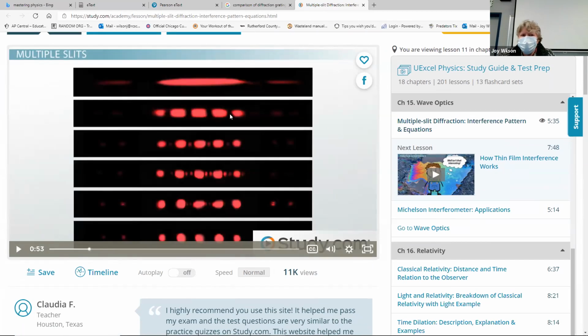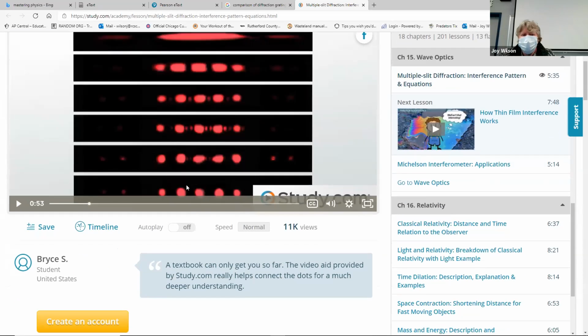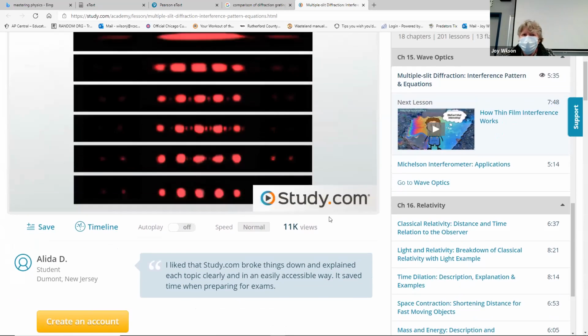The double slit looks like it has 5 peaks within the one original because it does. And then as you add more slits, this is 3 slits, 4 slits, 5 slits, 6 slits, you'll notice that by the time you get to 6 or 7, they all start to look about the same. But what ends up happening is this central bright starts to spread out. And when you have hundreds of slits, then they're all equally bright or equally dim, depending on how you want to think about that. And they're all equally spaced.